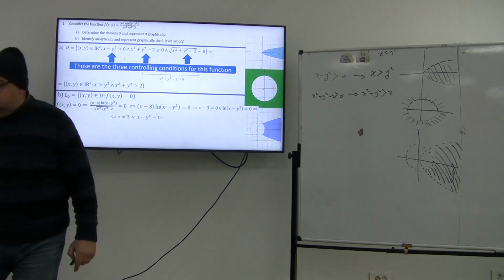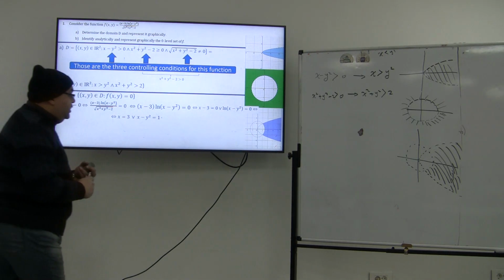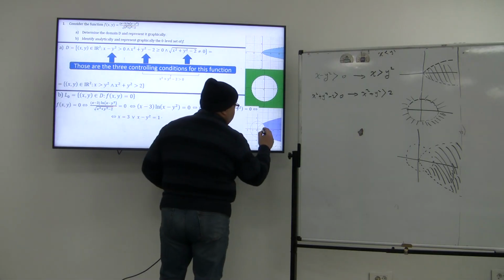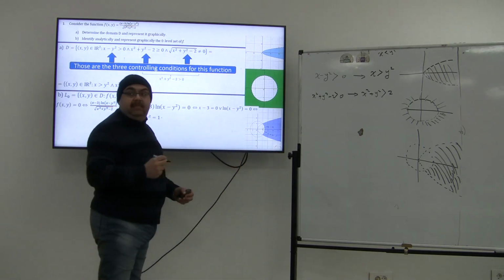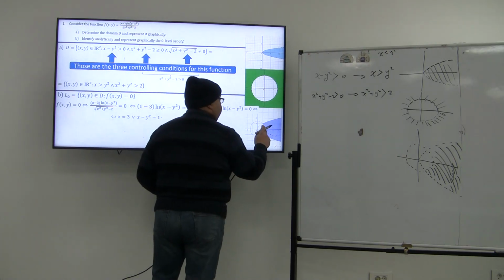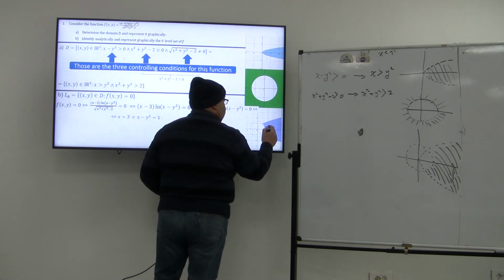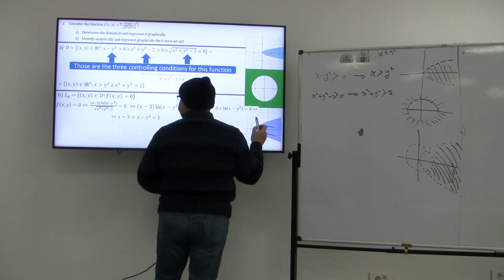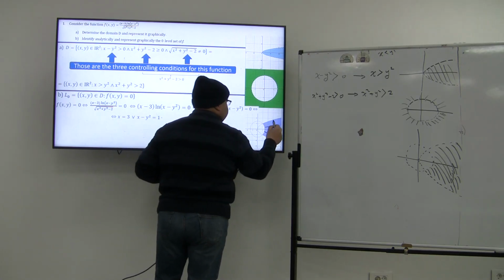So actually, my parabola in this case starts from 1 and increases in this manner. That's the parabola that we are talking about. Of course, this part is not going to be with me, and those are the parts going to be represented, plus x equal to 3.